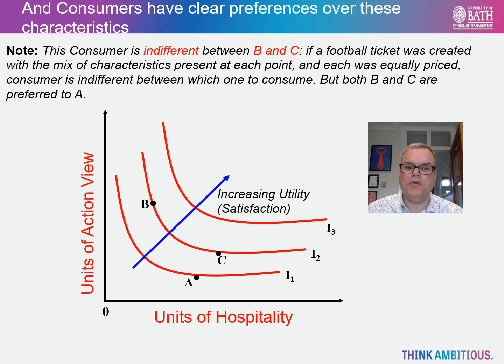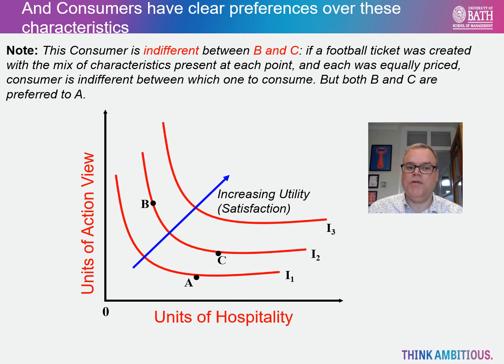Consumers, of course, will have clear preferences over these characteristics. And recall, from demand theory, we model preferences using indifference curves. Here, and for simplicity, we will assume these indifference curves are nice and convex. On each indifference curve, this consumer is indifferent between consuming various combinations of units of action view and units of hospitality.